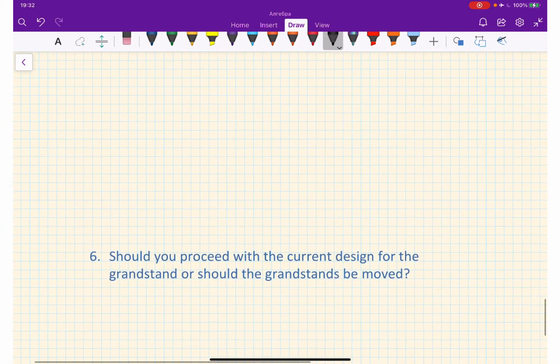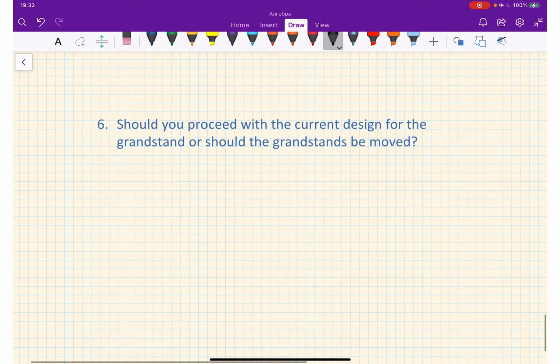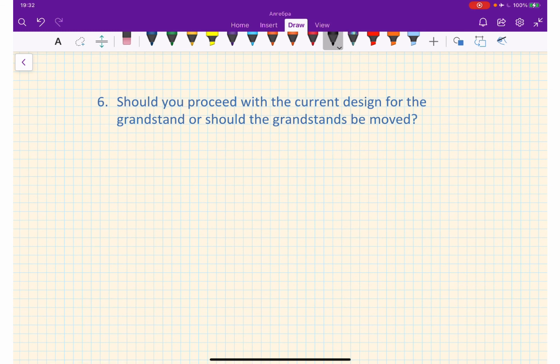Obviously, if you have questions, oh, there is a question number 6. Should you proceed with the current design for the grandstand, or should the grandstand be moved? Well, obviously it's going to be moved, correct? Okay, so this is what I think.